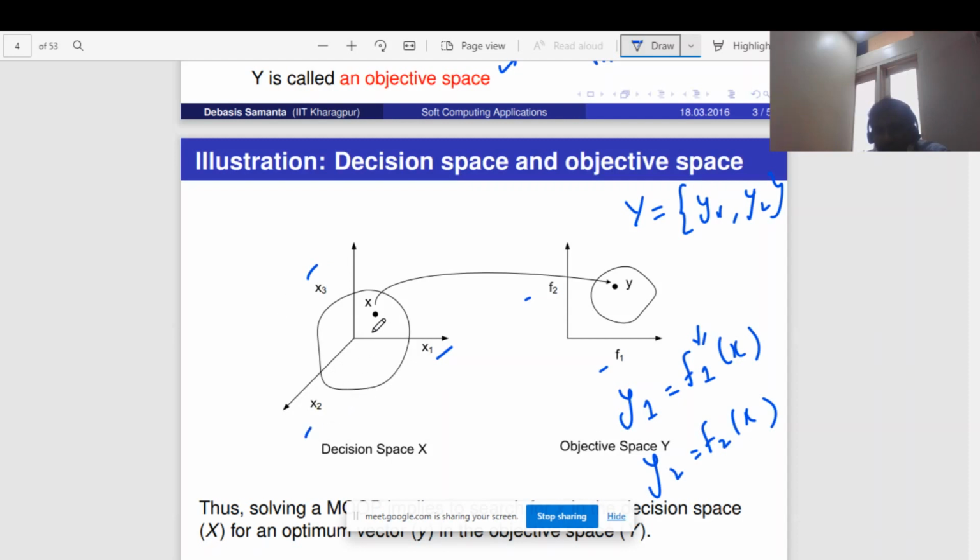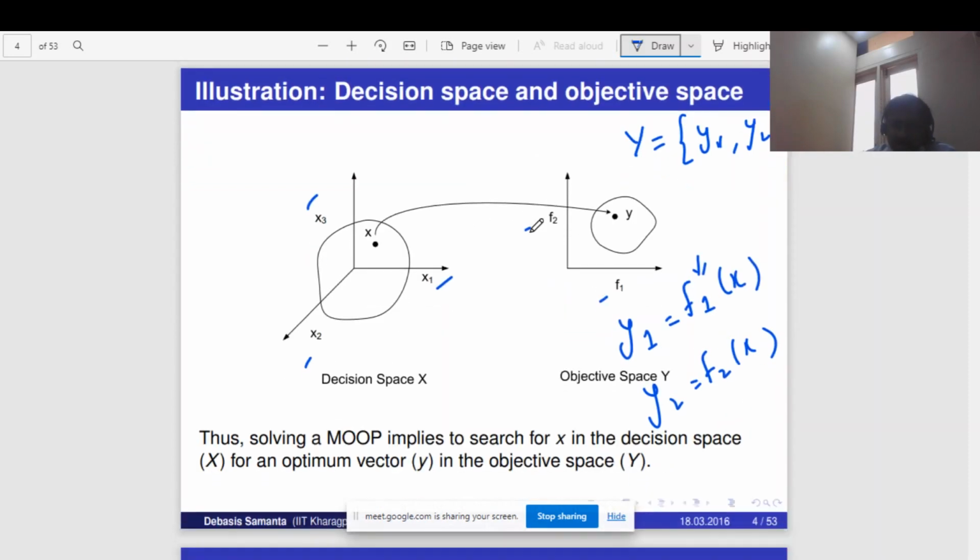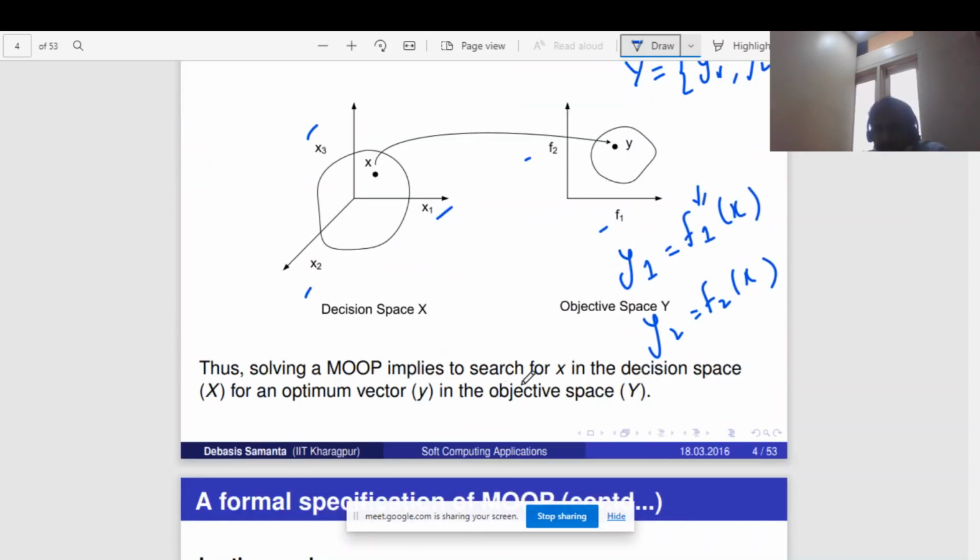Based on that, this x is decided here. So there is a mapping from this input space to this objective space. Based on this input, this output will be decided. So solving the MOOP implies searching the decision space for an optimum vector y in the objective space.